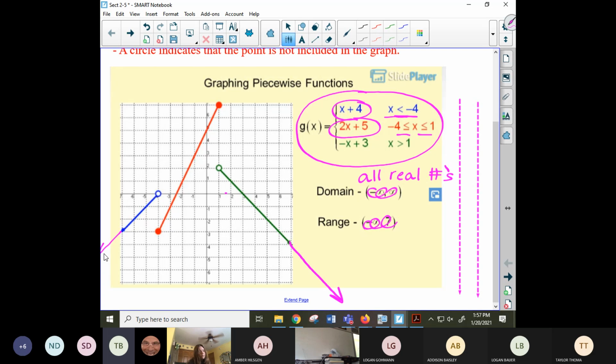Where we have an issue is still up to this point, we're good. Up to the top of the green line, we're good, because we have all of those y's covered. And then you notice the red takes over up to this point. But this, notice, does not have an arrowhead. This stops right here. So that is the last y that has a point.